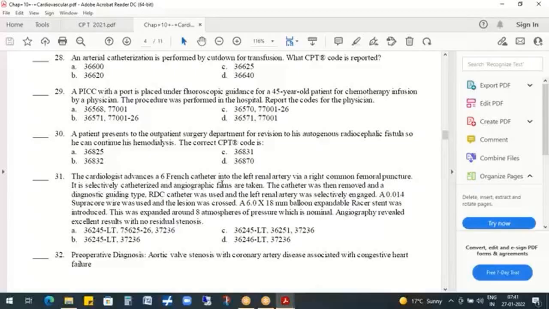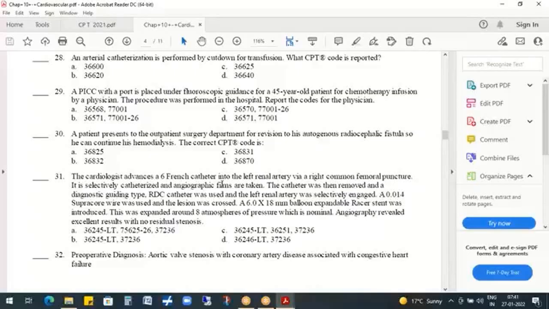See, PICC line means what? Peripherally inserted catheter. Okay. Now, what is the guidance they are using? Fluoroscopy guidance. They are asking to report for what services? Physician services.